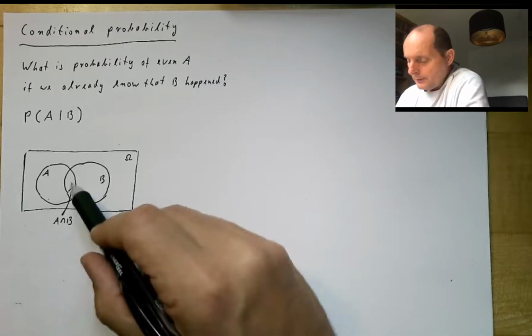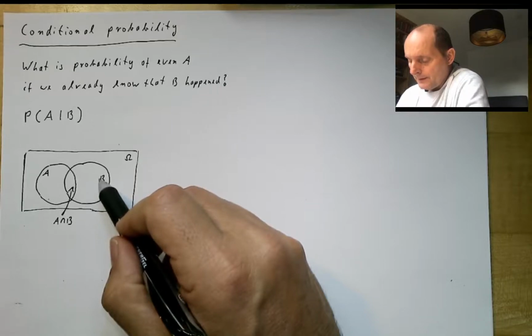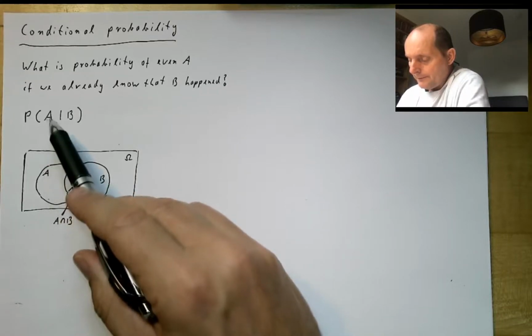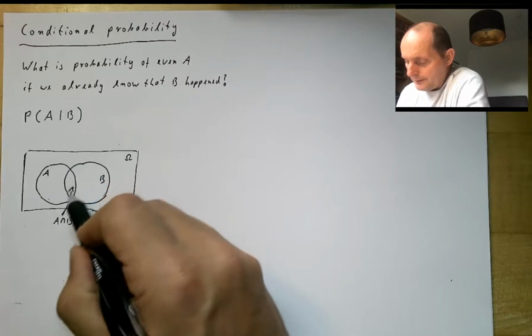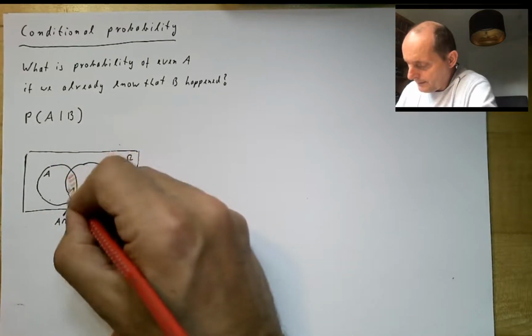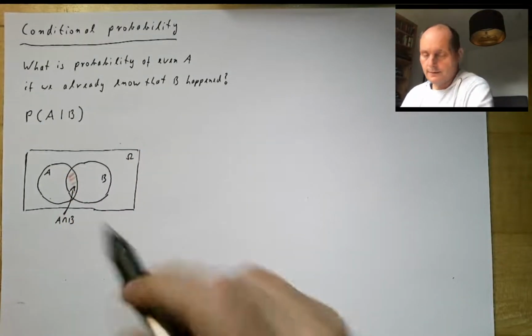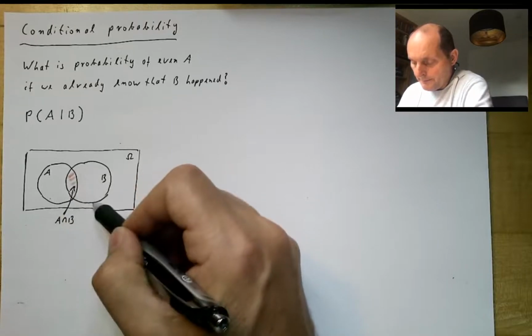But now we know that B happened already, so B is certain. So the probability of A can only come from the outcomes in the intersection of A and B.